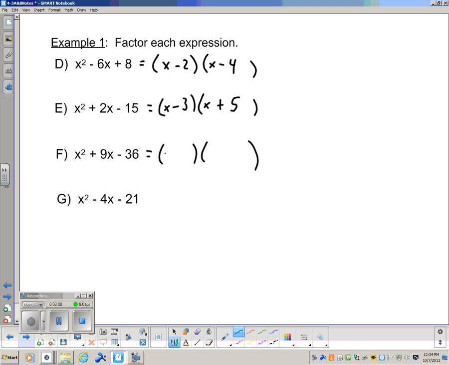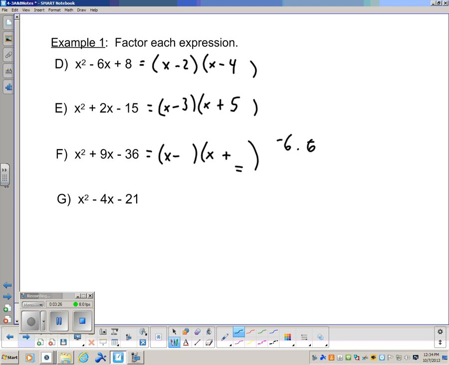Same thing as the next one, x and x. Two numbers that multiply to give me a negative 36 and add to give me a 9. So I'm thinking, oh yeah, I've got to have one of each, because a negative times a positive will give me a negative. But we have to get a positive in the middle. So the bigger number is going to have to go over here where the plus sign is. All right, so thinking of two numbers there. Well, 6 and 6.